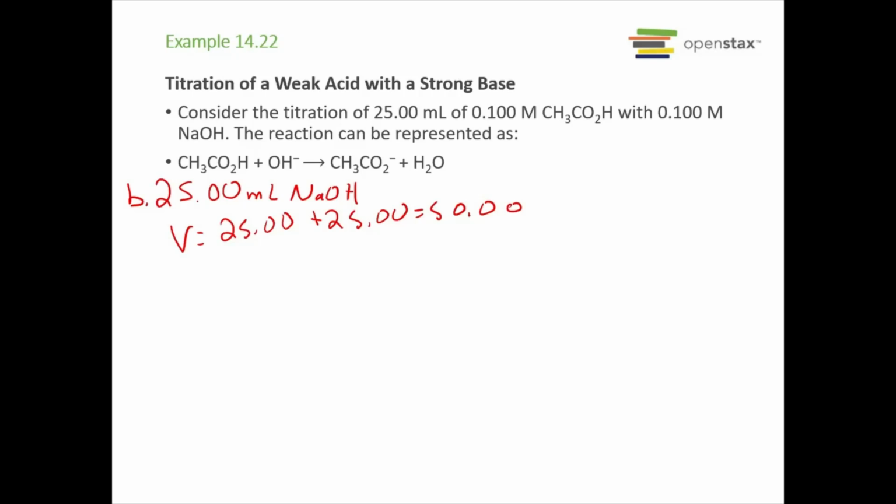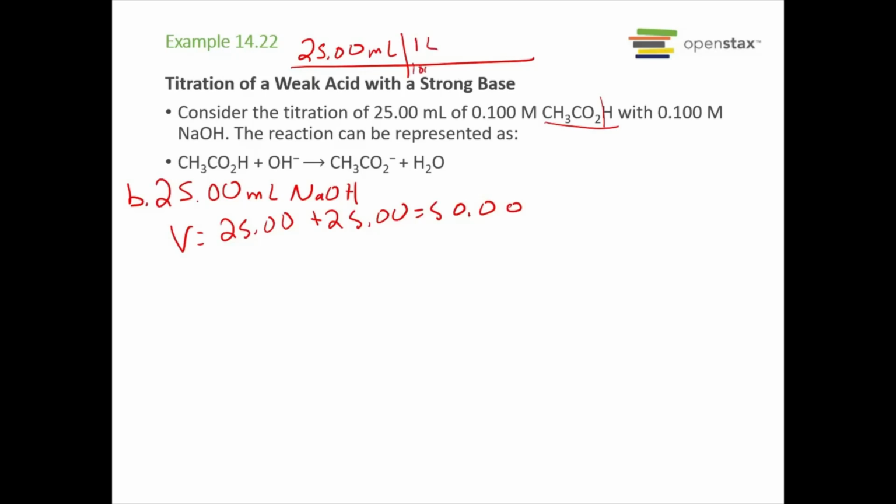We have 25 milliliters of sodium acetate, and we can use that as our acetate ion because there's one acetate ion for every mole of sodium acetate.